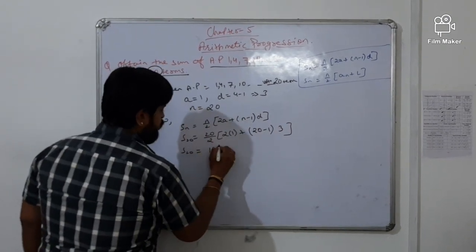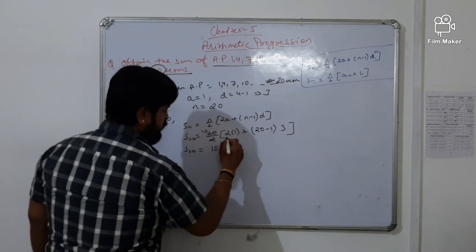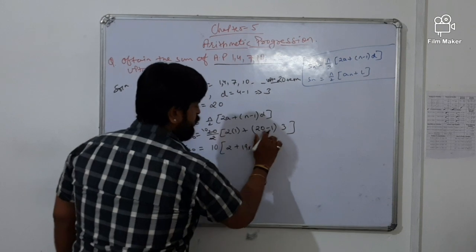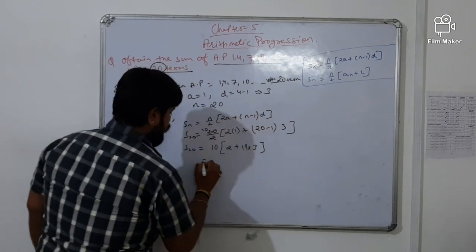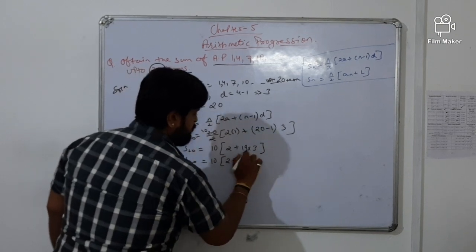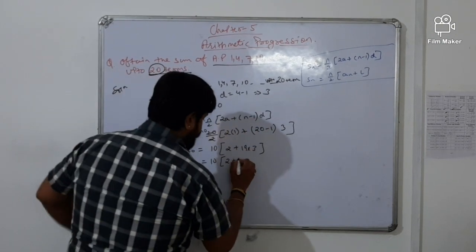S20 is 10, because 2 tens are 20, times (2 plus 19 into 3), since 20 minus 1 is 19. Now S20 is 10 times (2 plus 19 threes, which are 57).